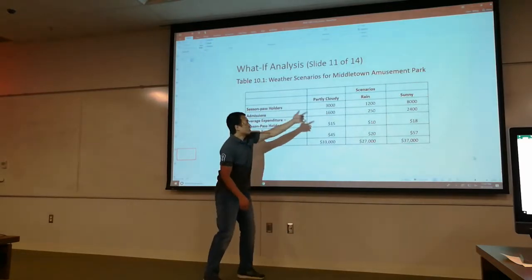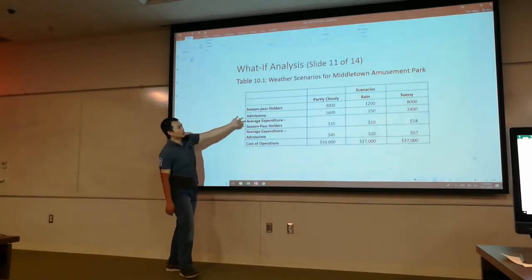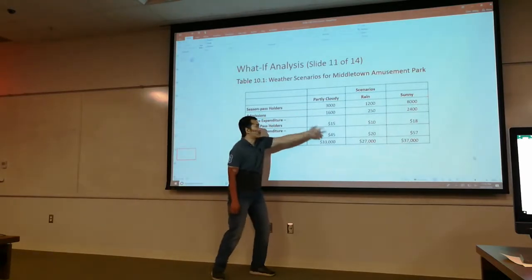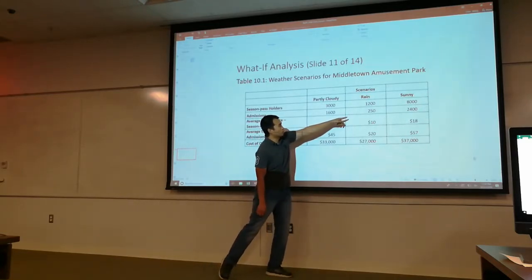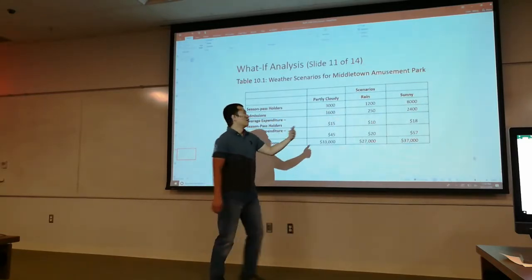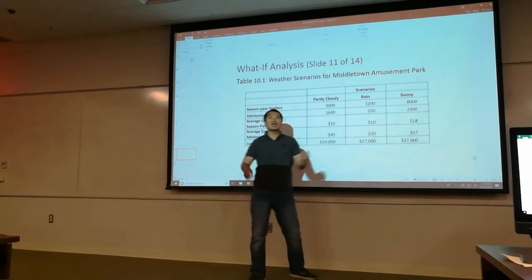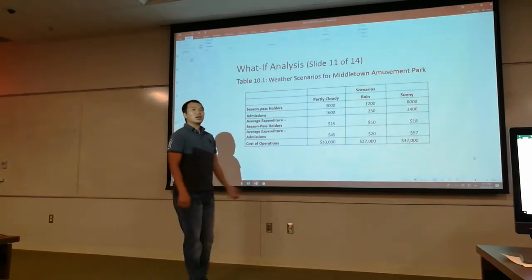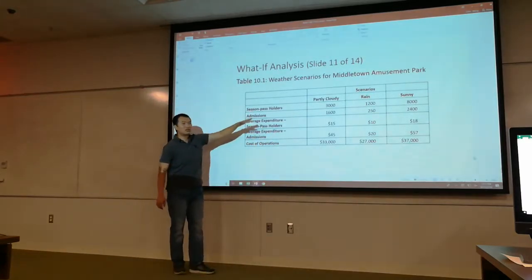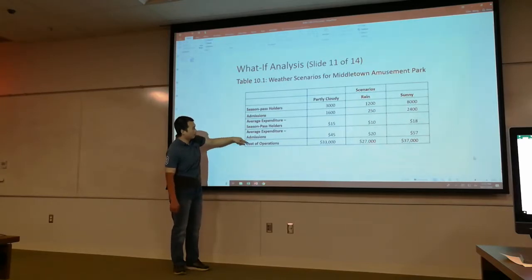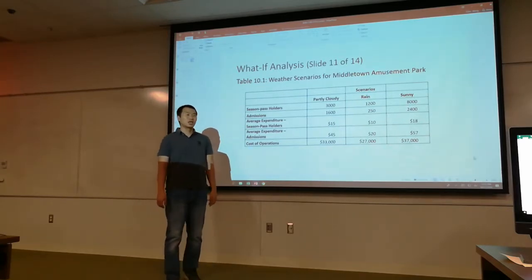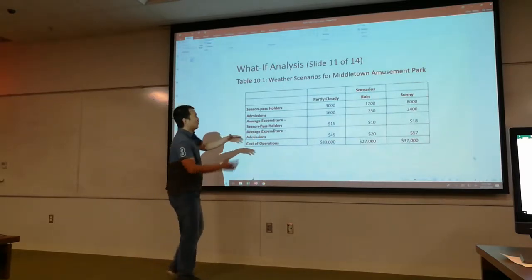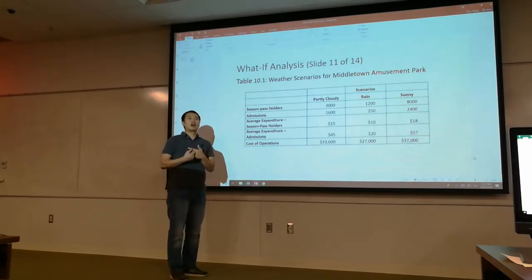If it's raining, the seasonal pass holders will be reduced from 3,000 to 1,200, and we have different numbers; admissions will only be 250, and so on. If the weather is really great, we would expect 8,000 seasonal pass holders, and so forth. So we have 1, 2, 3, 4, 5 variables. That's why we have to use the scenario manager to define scenarios and then calculate our profit.